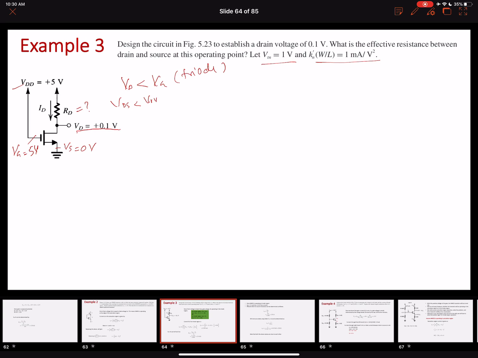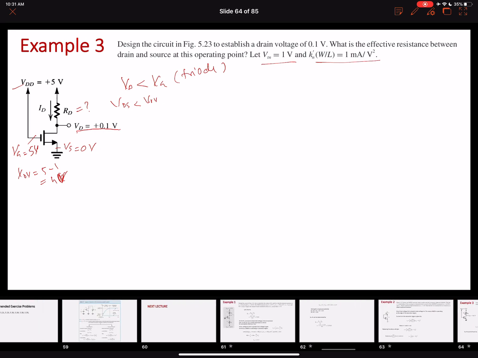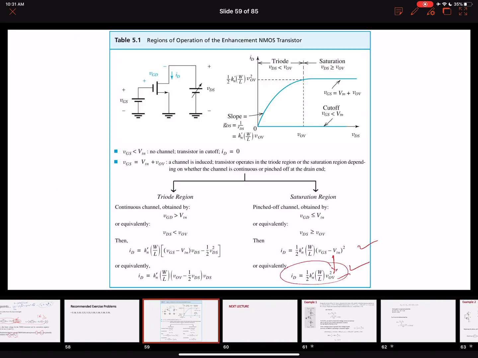VGS is 5 volts, so the overdrive voltage is 5 minus 1, 4 volts. So 0.1 is much less than the 4 volts overdrive voltage over here. This means that it is operating in the triode region. You can also verify the same thing by looking at the plot. If your VDS value is less than the overdrive voltage, it is operating in the triode region.